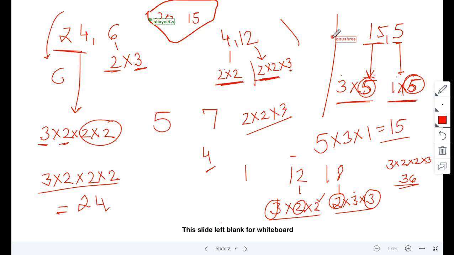First write down the prime factors of 20 and 15, okay? So what are the prime factors of 20?